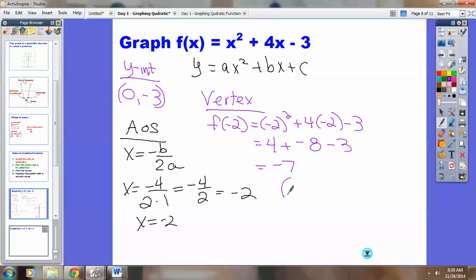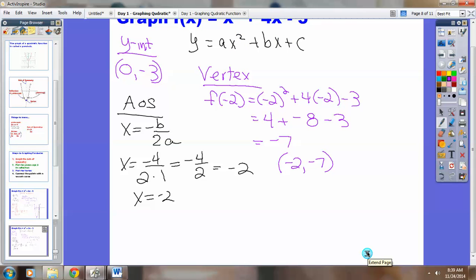Our y-intercept is 0, -3, and like I said before, it doesn't matter what order you graph this stuff in, as long as you have all 3 in your graph. Now, our axis of symmetry is an equation. It's x equals -2, so it's going to be a vertical line at -2.